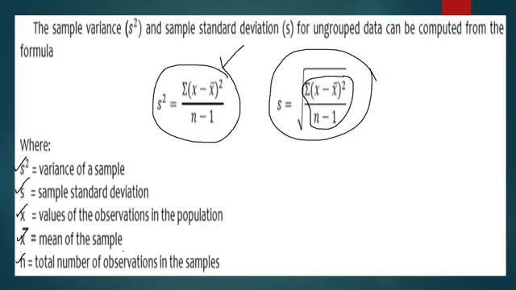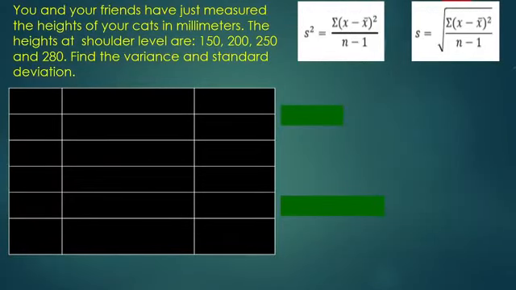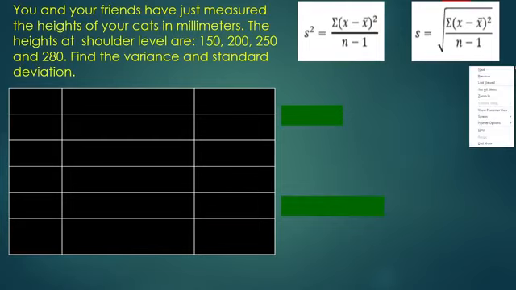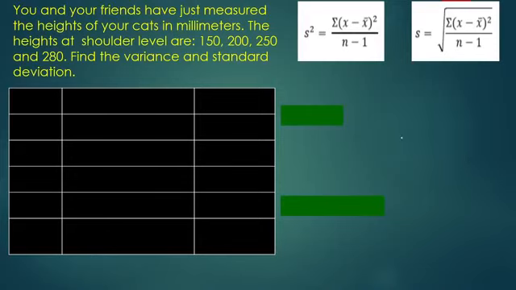Now, let us apply the formula over our first example. You and your friends have just measured the heights of your cats in millimeters. The heights at shoulder level are 150, 200, 250, and 280. So these are the values of the x's.